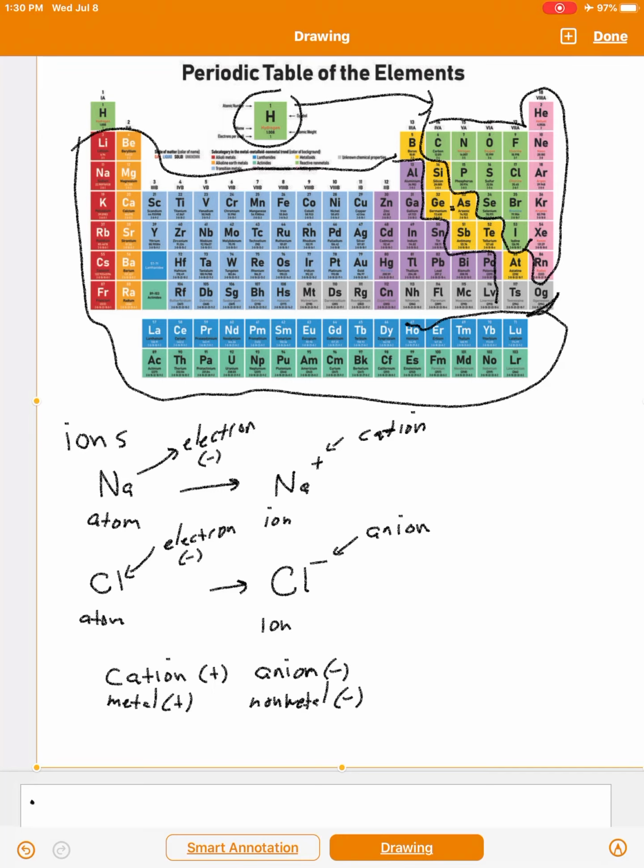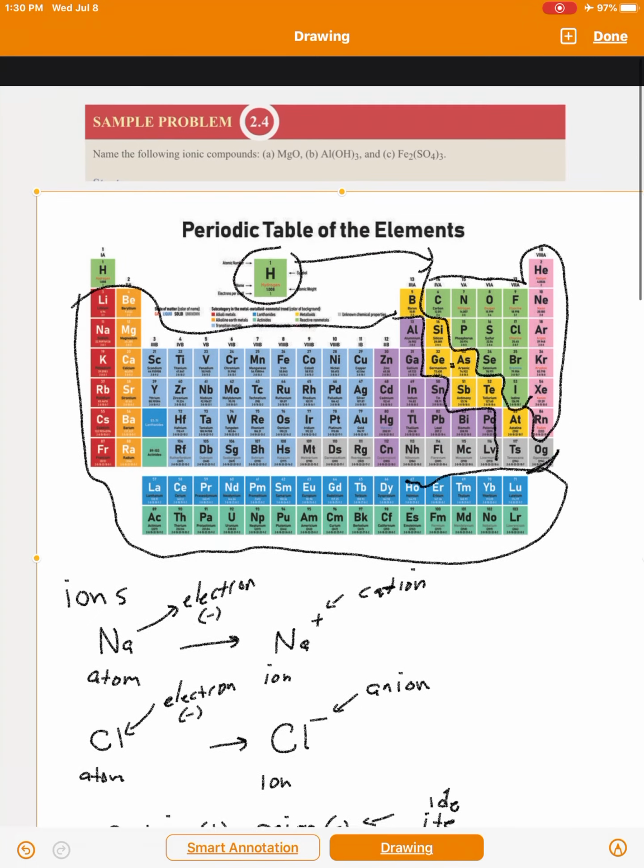So the anion generally will end in -ide, -ite, or -ate, depending on which ion it happens to be. Some of these ions, you'll have to just flat out memorize the names of them. So let's take a look at the first one.